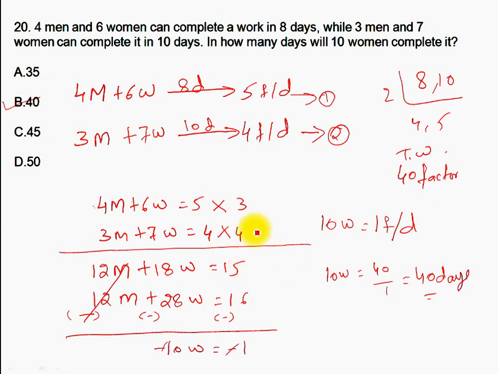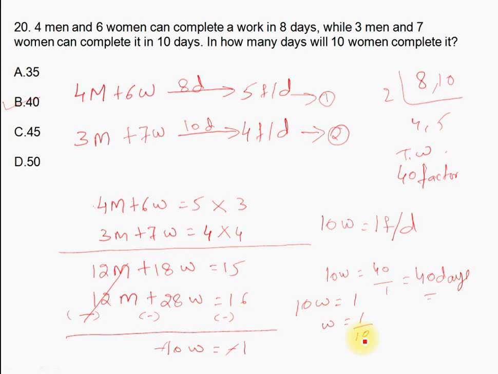If 10 women is equal to 1, then the work of a single woman will come out to be 1 divided by 10. Then we will multiply by whatever number they ask, 5, 10, 20, 30, whatever number of women they ask.